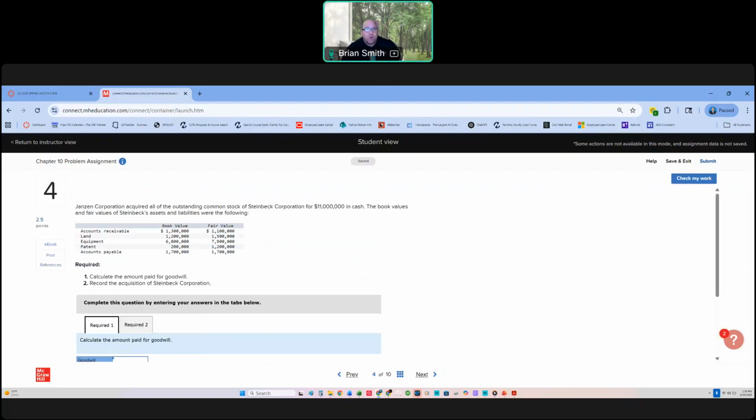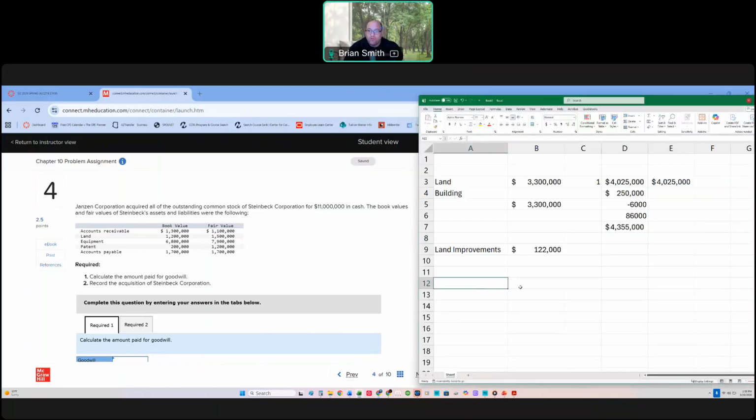Jazzin Corporation acquired all the outstanding common stock of Steinbeck Corporation for 11 million. Okay, we're looking at goodwill then. The book value and fair values of Steinbeck assets and liabilities were the following. Book value, fair. We're worried about the fair value. Calculate the amount paid for goodwill. I just don't want to think right now as far as typing it all in. I'll make a mistake. So, accounts receivable is an asset.